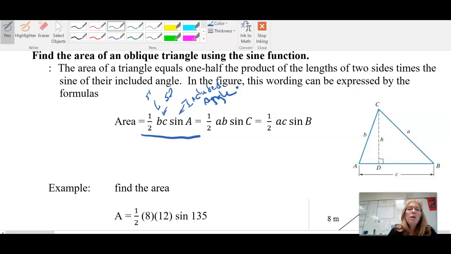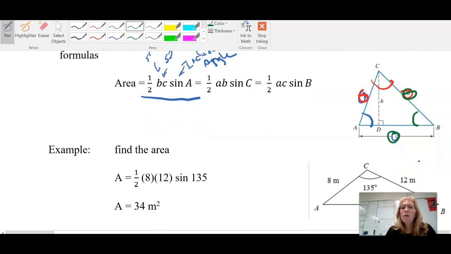So when you're doing this, 1/2 BC sine A, that's how you actually find the height. When you have the B and the C, the included angle is A, so it has to be sine of A. If you have the A and the B, the included angle is C, so it has to be sine of C. If you have the A and the C, then the included angle is B, so it has to be sine of B. So it's 1/2 side, side, sine of included angle is the easier way to remember that.